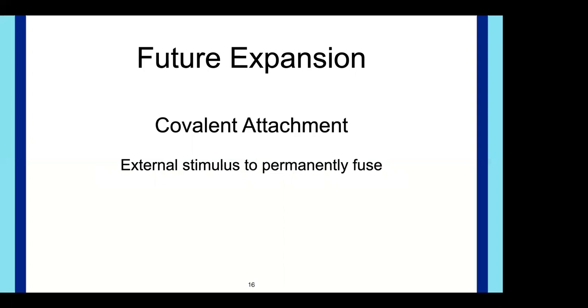So we could select the conditions to make a supercluster of a certain size and then freeze it in that size range exactly. So you could tailor whatever size fused supercluster that you might want based on just temperature quench differences, and then an external stimulus to permanently fuse these.